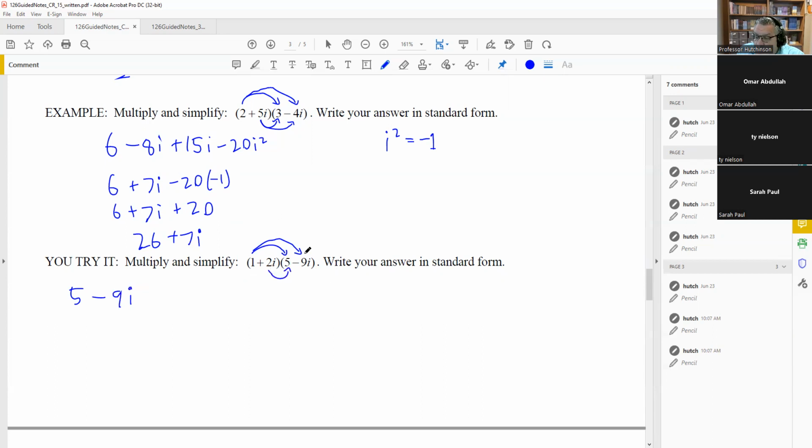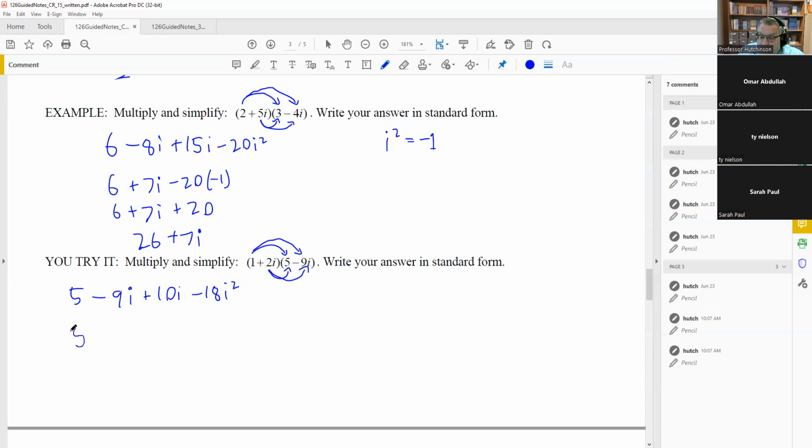Let's multiply these. 2i times 5 is going to be plus 10i. And then we've got 2i times -9i. That's going to be negative 18 and then we have the i squared. So again, we just do the FOILing process on that. 1 times the 5, 1 times -9i. Then we do 2i times 5, and then 2i times -9i.